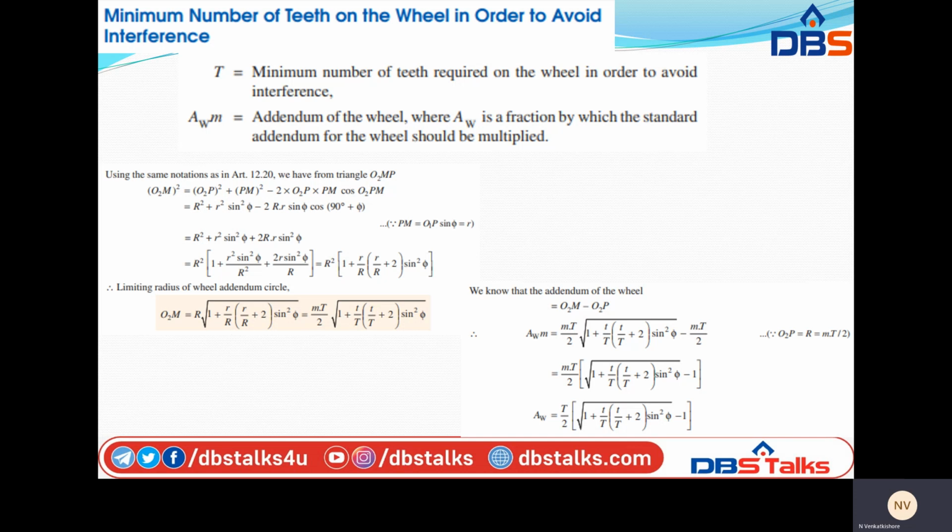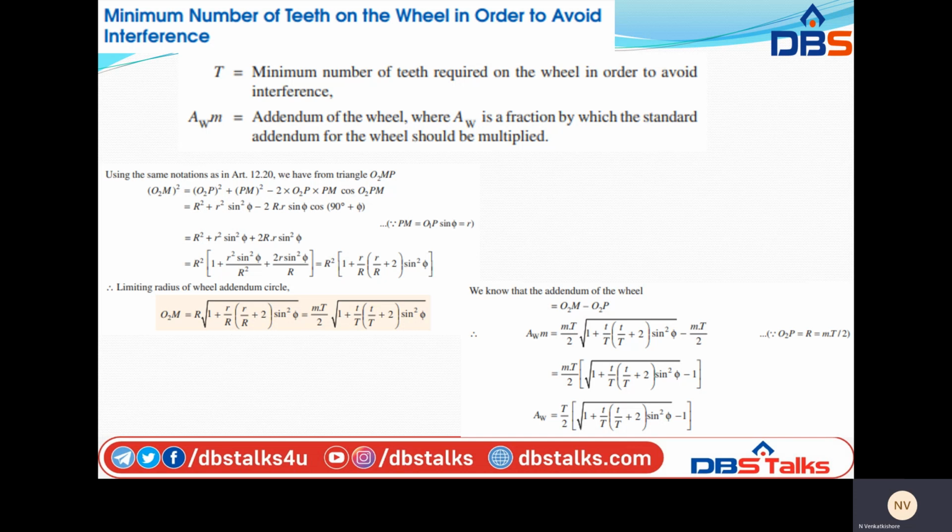So small m into capital T by 2 into square root of 1 plus small r by capital R means, we may write it as small t by capital T, so into small t by capital T plus 2 into sin square phi.